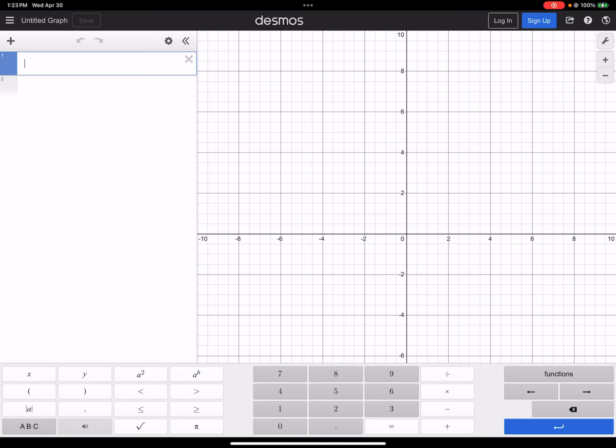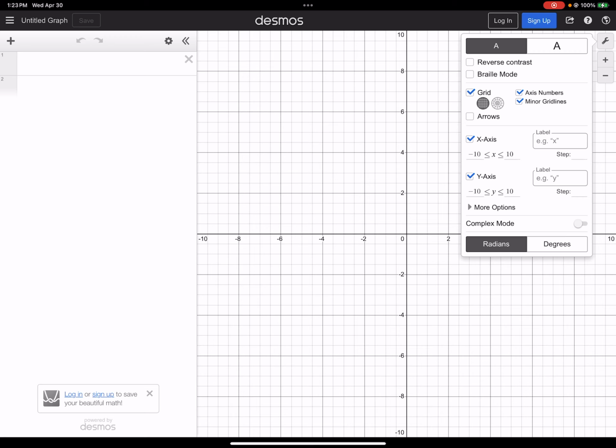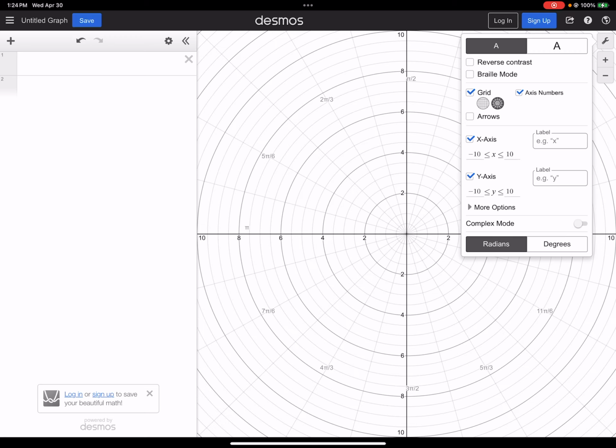I am going to pull up Desmos, and I just want you to see what polar coordinates are and how they're graphed. I kind of want you to just visualize it, because it's a neat little thing, but it's different. First of all, with the little wrench up in the upper right-hand corner of Desmos, under grid, you can go back and forth between polar and rectangular graph paper.